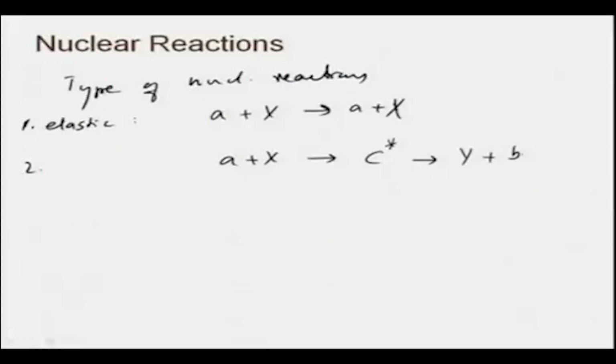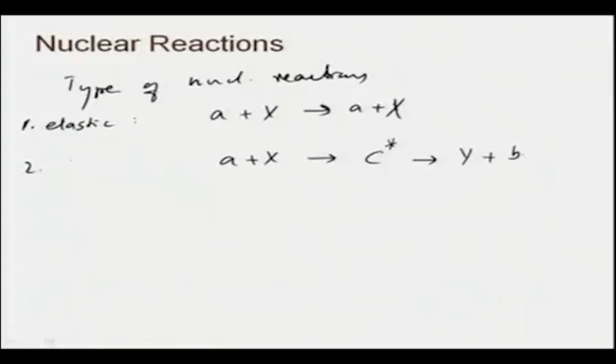In one particular case, it may be that y is equal to x and b is equal to a, with same or different kinetic energies compared to A. Y could be an excited state of x to start with, all those possibilities are there, or it could be a different nucleus.